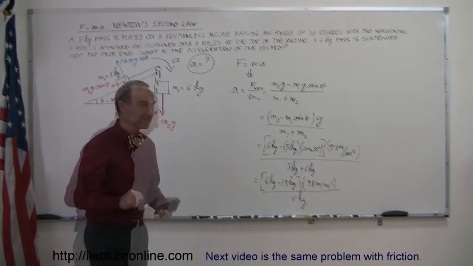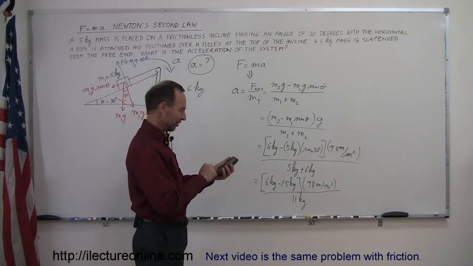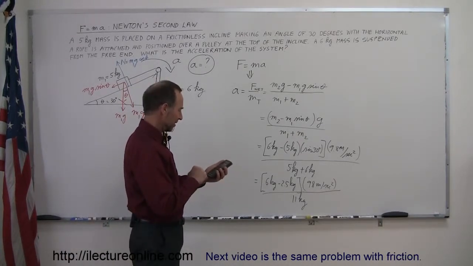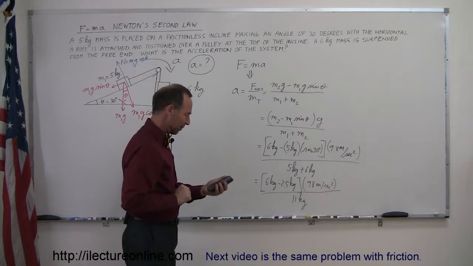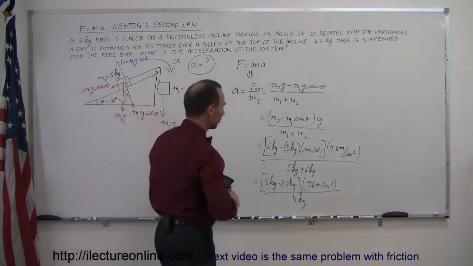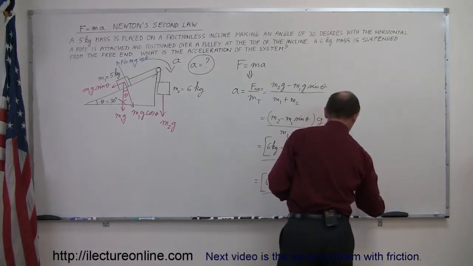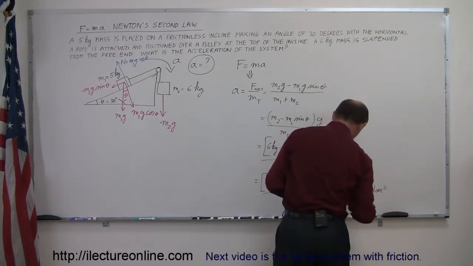Okay, now we need a calculator. I can work out the answer here. So we have 6 minus 2.5, that's 3.5, times 9.8, and we divide that by 11, and we get 3.12 meters per second squared, of course.